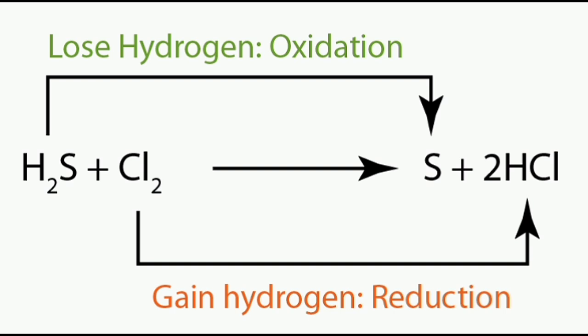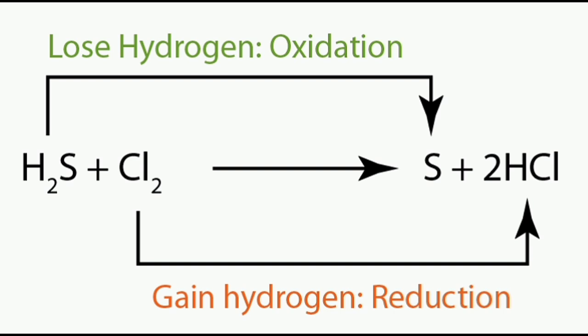On the left hand side Cl was alone, but now hydrogen has been added to it to become hydrochloric acid, and we say the gain of hydrogen is reduction. That means chlorine gas Cl2 was reduced to hydrochloric acid.